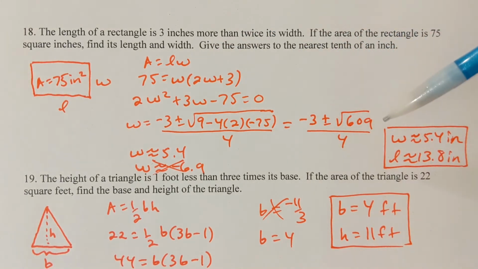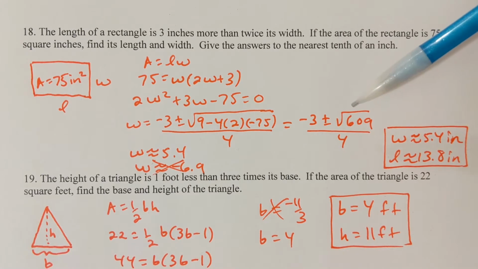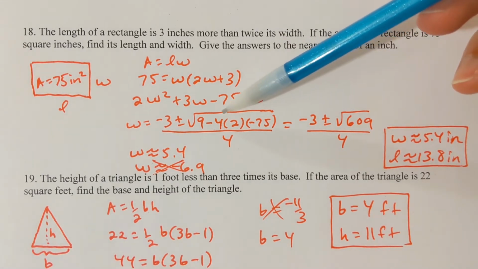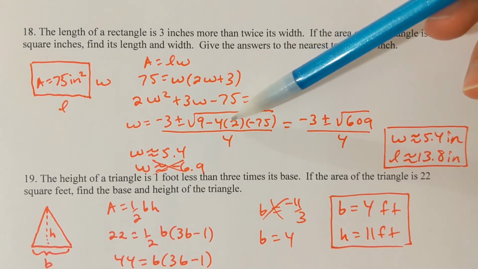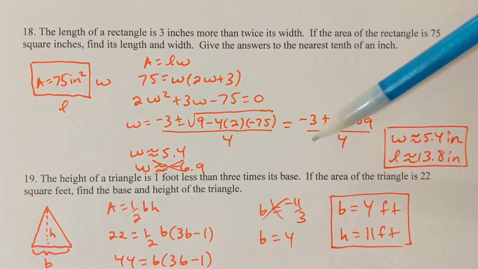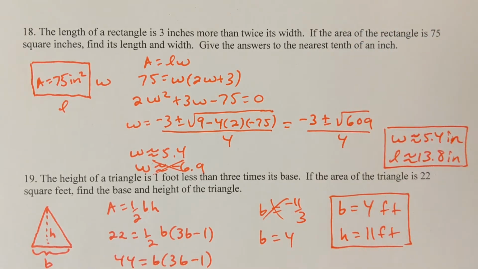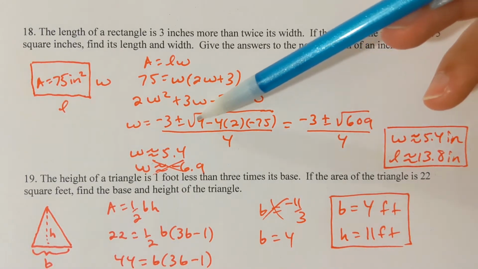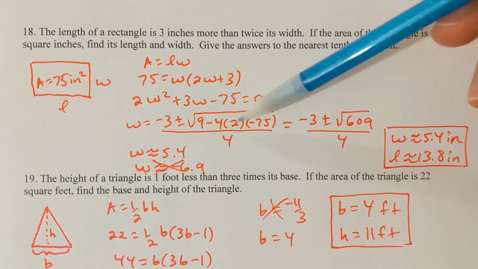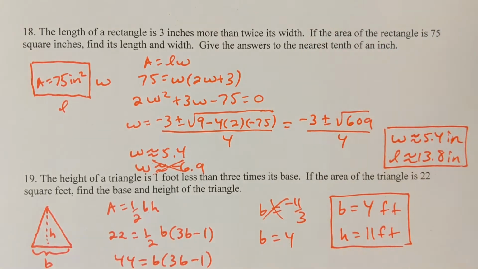So then I would go to the calculator, and if you take 4 times 2 times 75, that should be 600. 9 minus a negative means that you're adding 600 to 9, so 609 would be the discriminant.